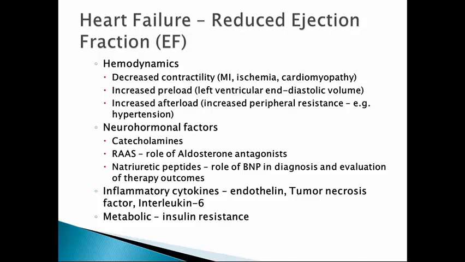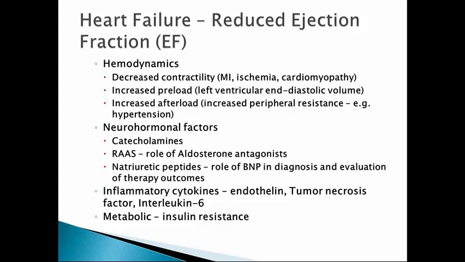So the changes in hemodynamics in reduced ejection fraction include decreased contractility, which could be from an MI, from ischemia, or from a cardiomyopathy. And this cardiomyopathy could be from an infection, could be idiopathic, could be postpartum. It could be from an increase in preload.